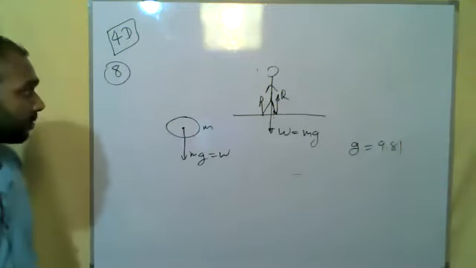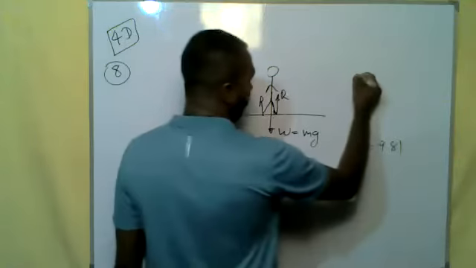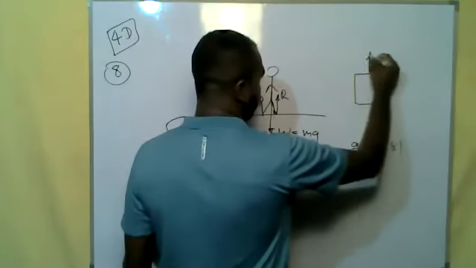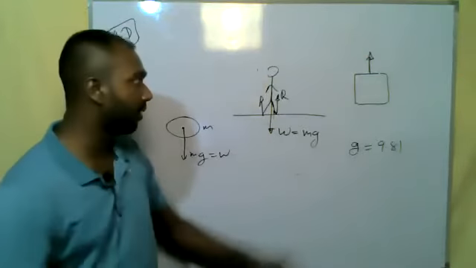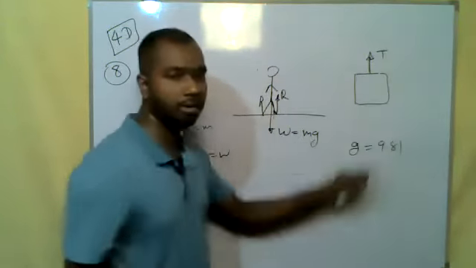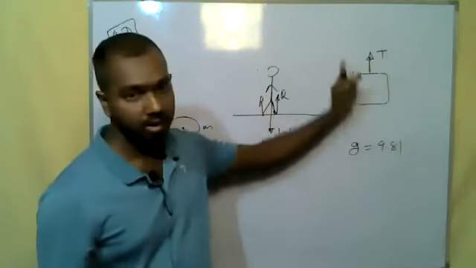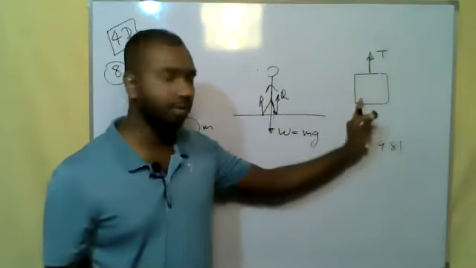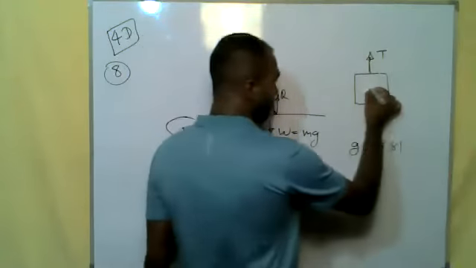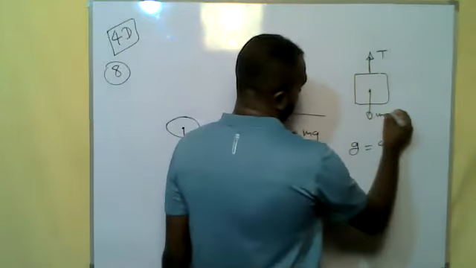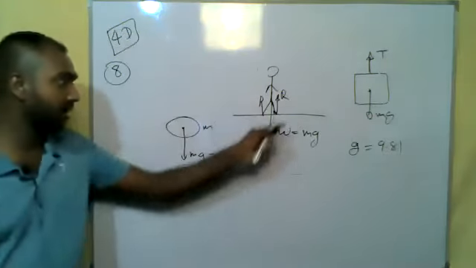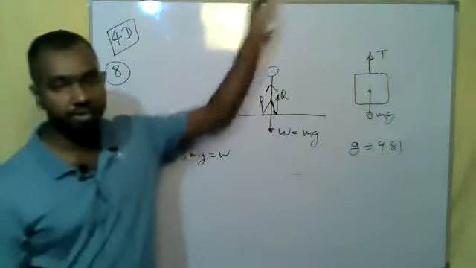And in some situations like a lift, when we are lifting something up with a string, what are the forces acting upon this? There will be a tension on the string, or whatever is connected to move it upward, and the weight of this body or the item. So like that we learned how to draw simple force diagrams.